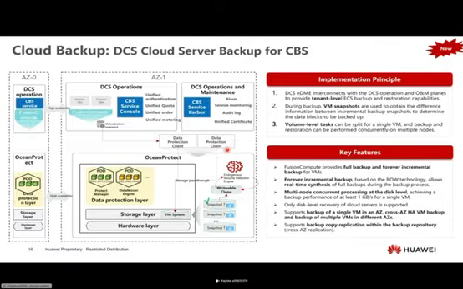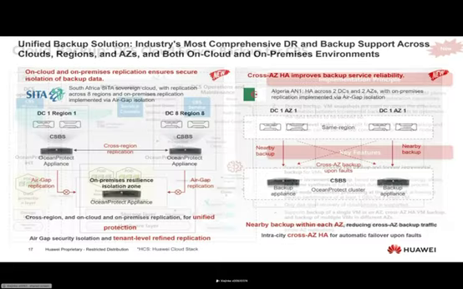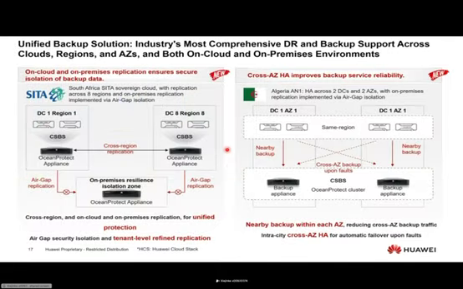This is quite similar to the VMware backup scenario. It's almost the same principle, okay? And for some other basic functionality, for example, full backup or incremental backup, they are all supported for the DCS backup scenario.